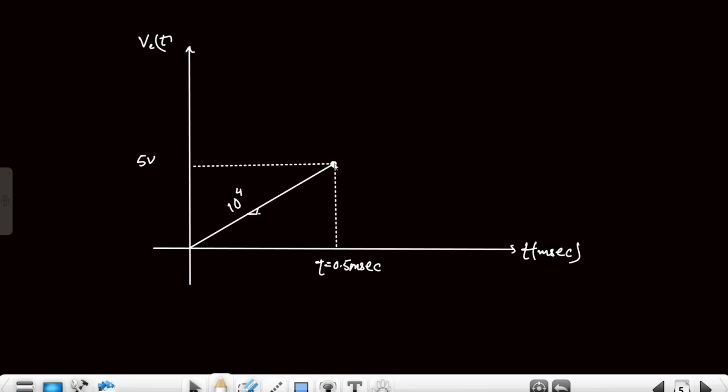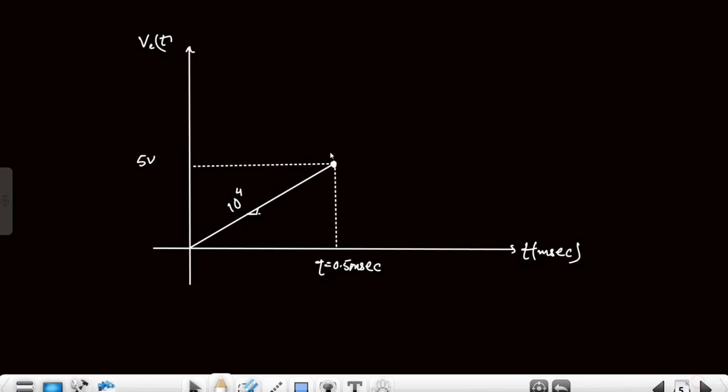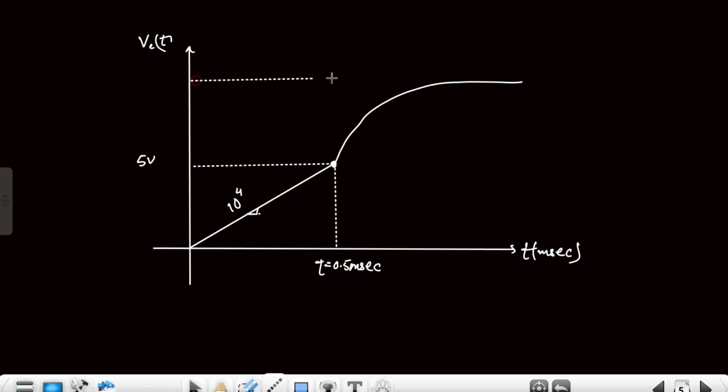After this time, the capacitor charges according to the transient equation, so it will be exponential charging. Because of this equation, the waveform will be something like this, charging up and saturating at the final value VC infinite.